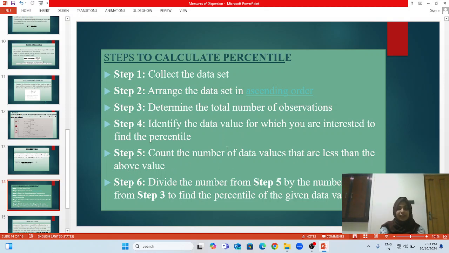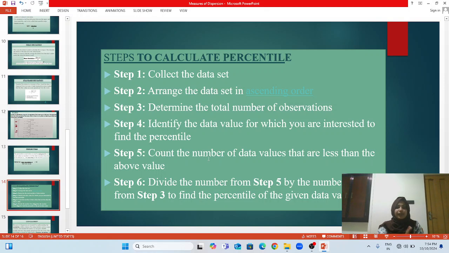So in the ascending order, 70 is the point we chose, and we have to count the number of data values that are less than it. So we have to count to the left side of the data set. Maybe three data values are lying left of 70.